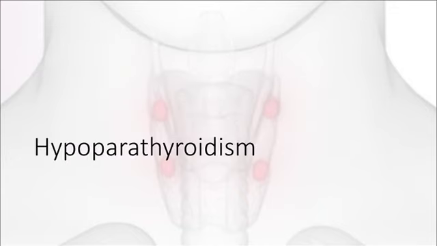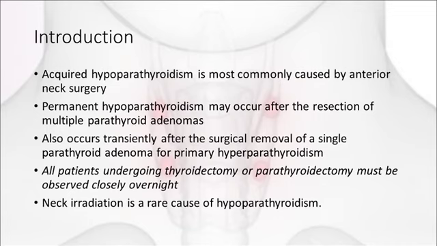In terms of hypoparathyroidism, there is essentially acquired hypoparathyroidism, and acquired hypoparathyroidism is most commonly after anterior neck surgery and usually occurs as a result of some kind of surgery such as the removal of the thyroid gland, for example.